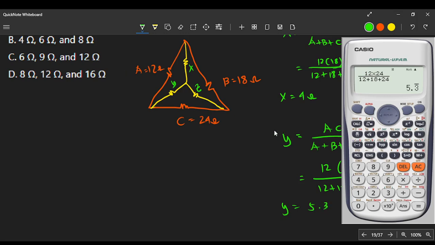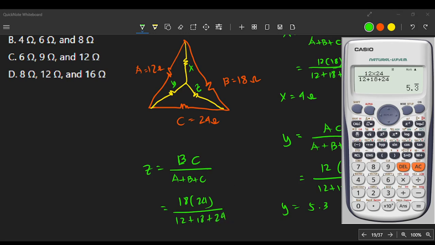And then for Z, Z is just equal to B times C over A plus B plus C. So we have 18 times 24 over 12 plus 18 plus 24.